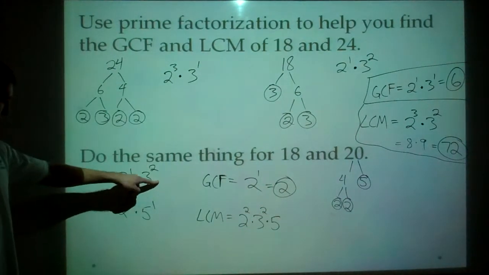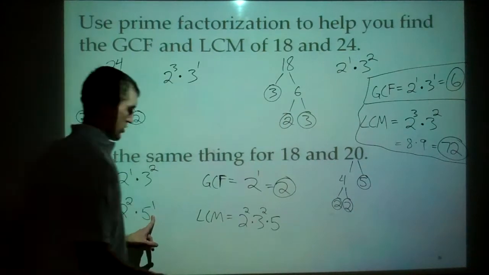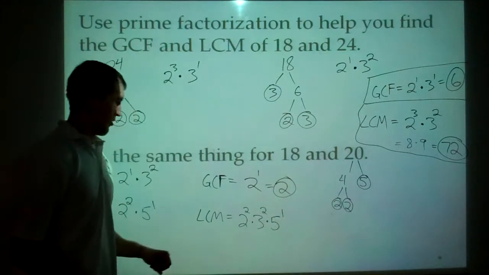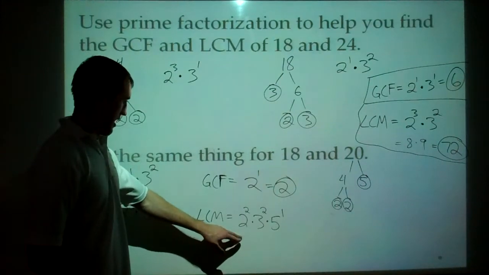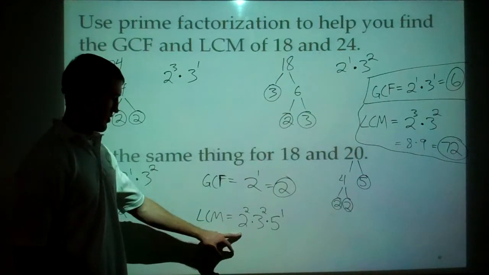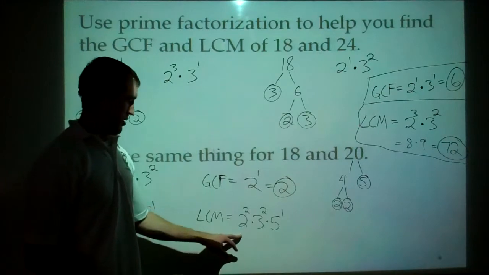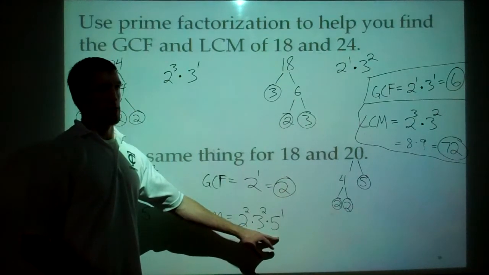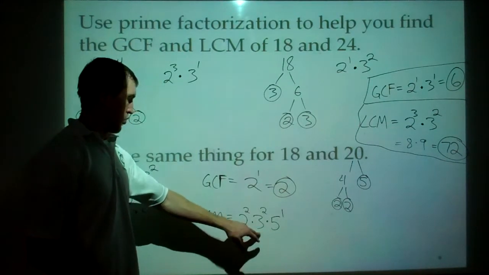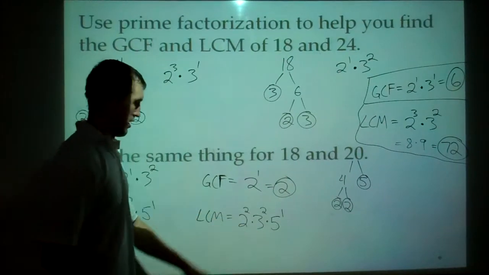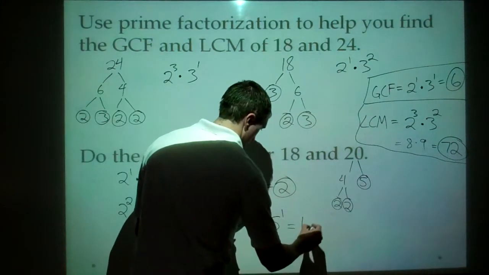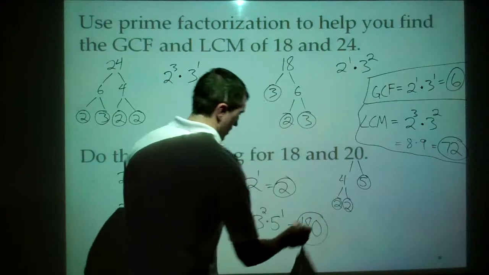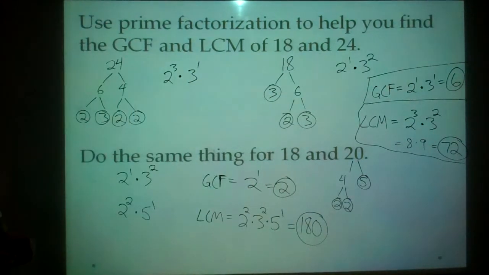And this one doesn't have a 5, so we're automatically going to take this one. So if we do this, we actually have 2 to the second, which is 4, times 5 will do that. So that's 20, and then 20 times 9 would be 180. So that would be your LCM for that one.